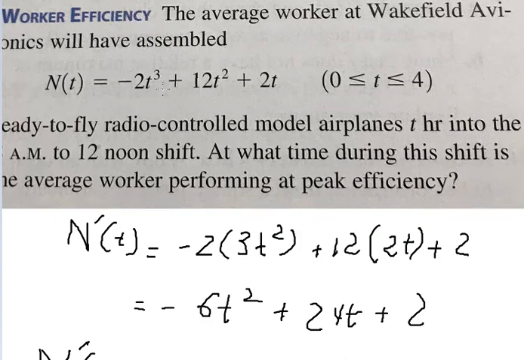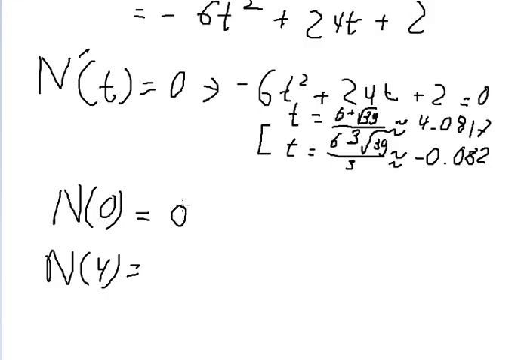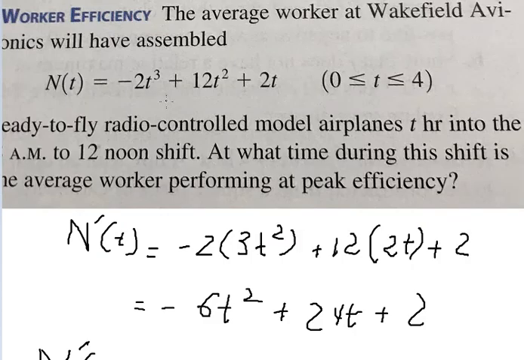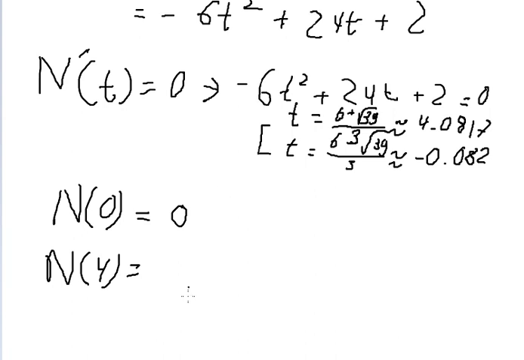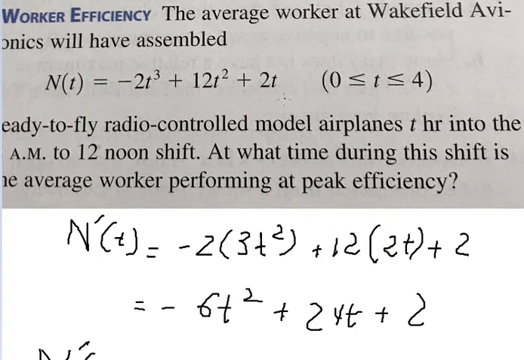We put 0 in here and you get 0. We put 4 in here and you get 72. So we can see that 72 is bigger than 0. So the peak is at t equal to 4.